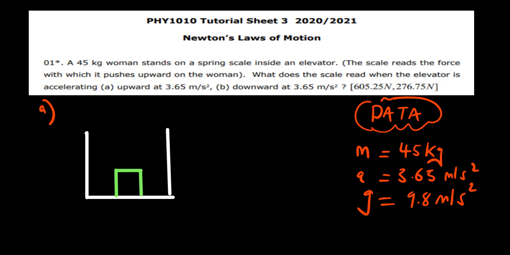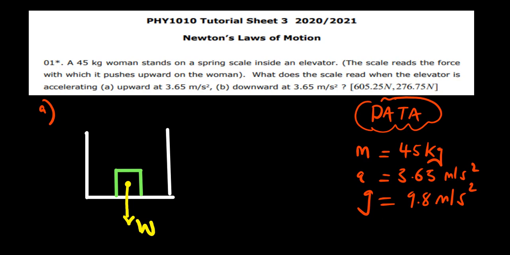Now, what forces are going to be acting on this woman? That's the first question that you should ask when you're solving Newton's laws of motion questions. There will be a weight force. She will have weight, going down. I'll abbreviate it as W.